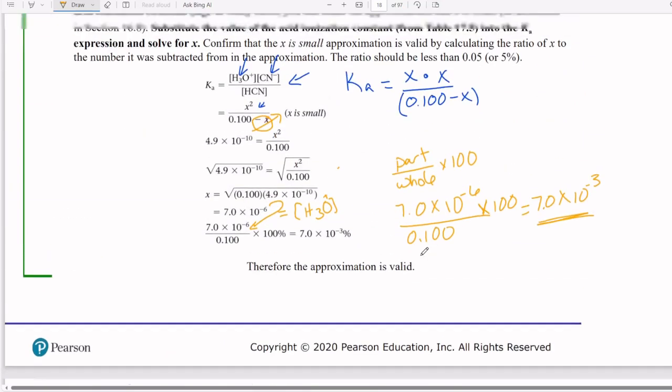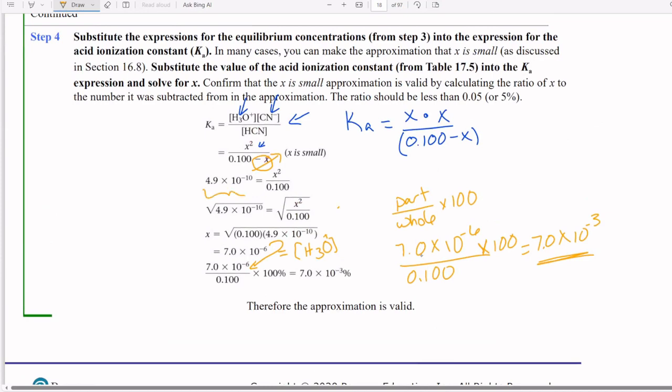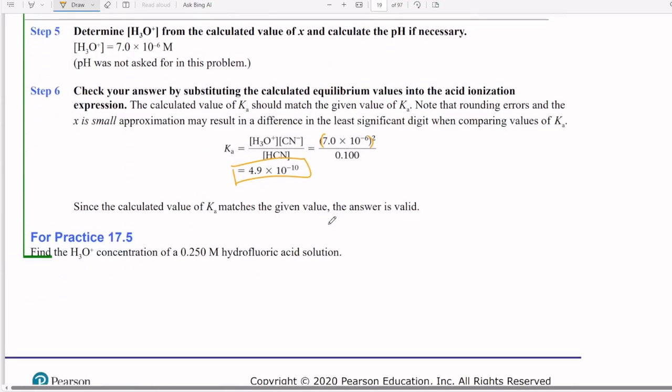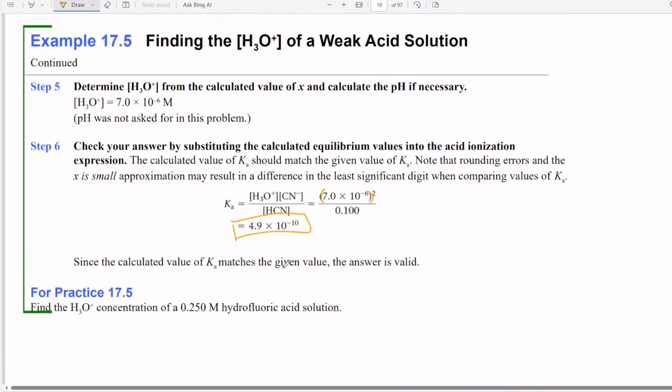And if we go back up, we see that's exactly what we used for our K value, and therefore the Ka matches the original Ka value, and that's another reason why our answer is valid.